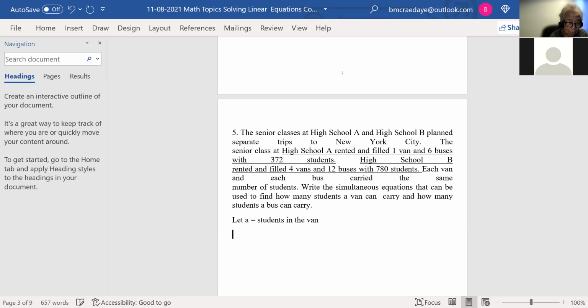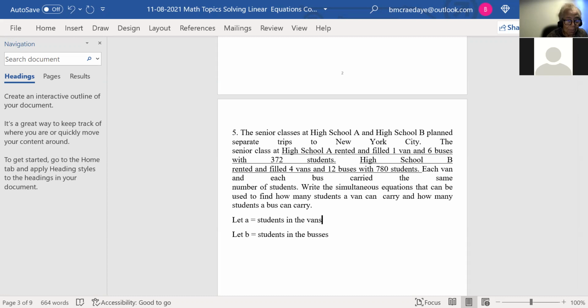And what is B? What was your other variable? B was students in the bus. That's right. So students in the vans and students in the buses.